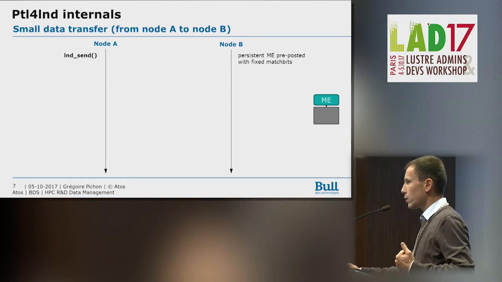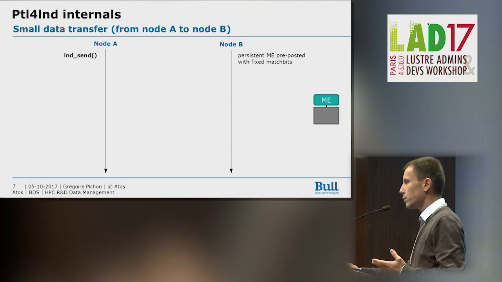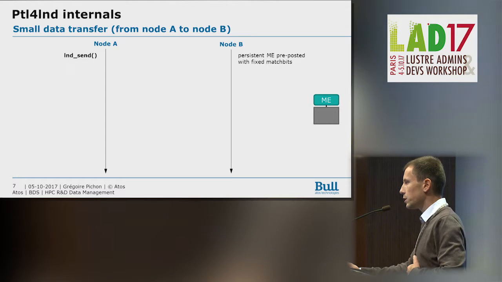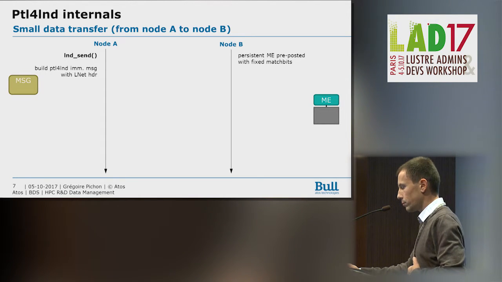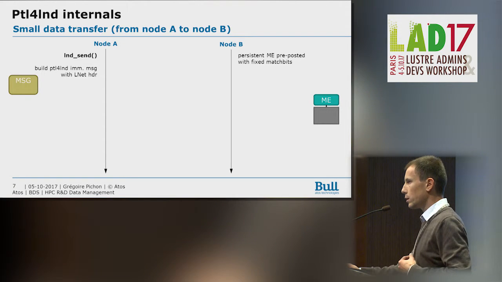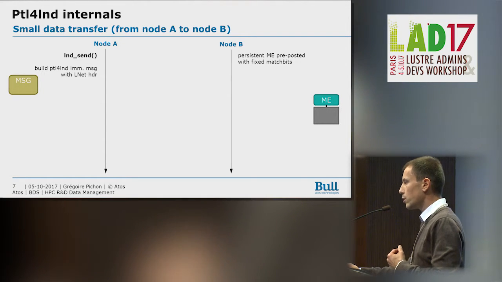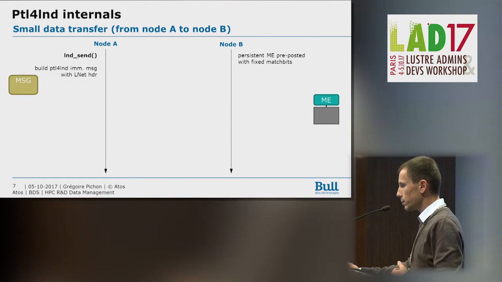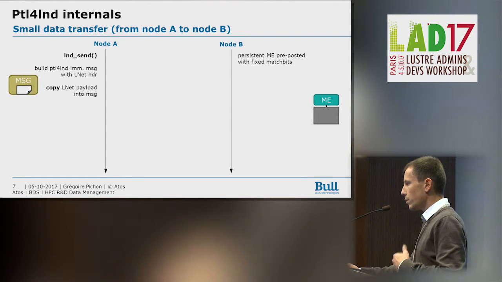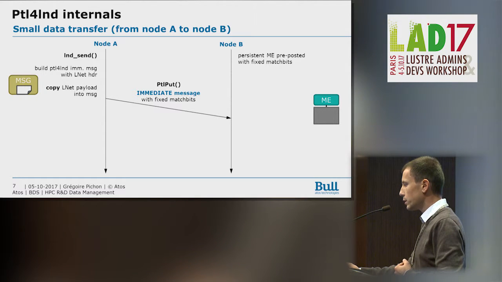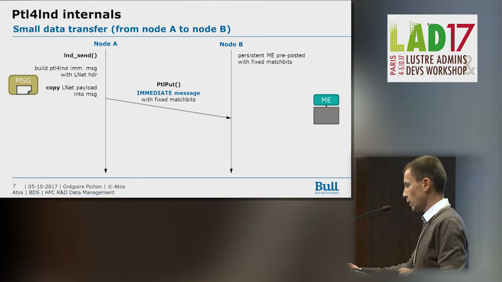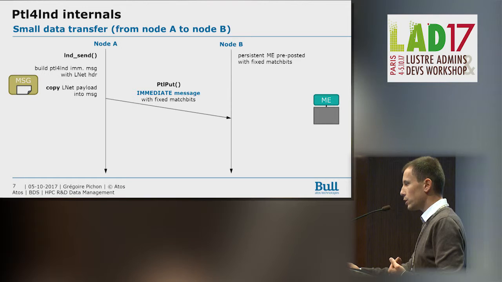When the LNet layer calls the LND, it provides a memory description of the data it wants to send through the LND send API. So the LND builds a message, and it includes the LNet header as its content. We then copy the LNet payload into the message and send it using the fixed match bit to node B. We call that an immediate message.